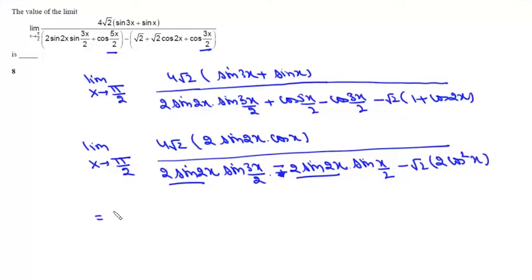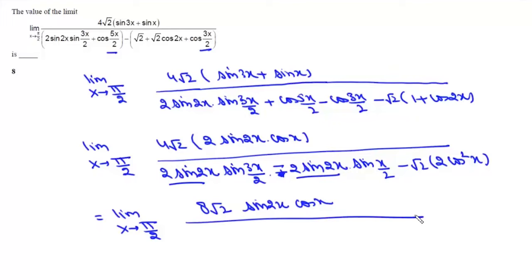Now here what we'll do is we'll take 2 sine 2x common. So we'll write this as limit x tends to pi by 2, 8 root 2 sine 2x into cos x, and here if we take 2 sine 2x common, we are left with sine 3x by 2 minus sine x by 2.